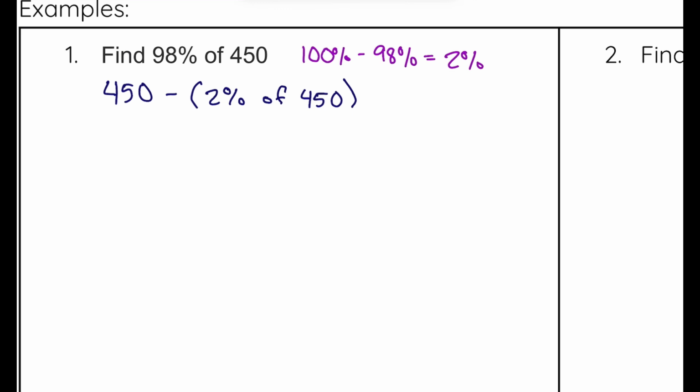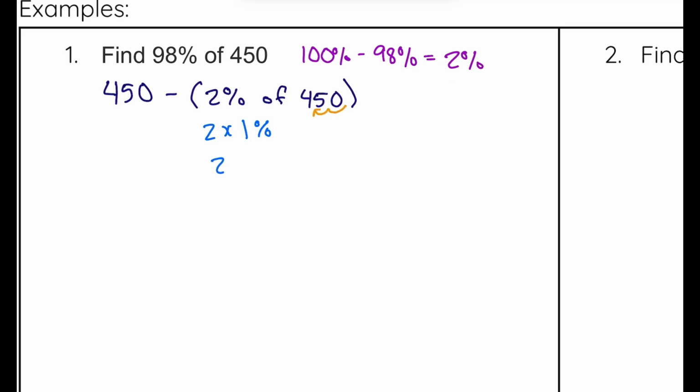To calculate 2% of 450, a shortcut we can use is, we know that 2% is 2 times 1%. So if we calculate 1% of 450, we can just multiply that by 2. 1% of 450, we can use our shortcut where we move the decimal 2 places to the left. So that's going to become 4.5.